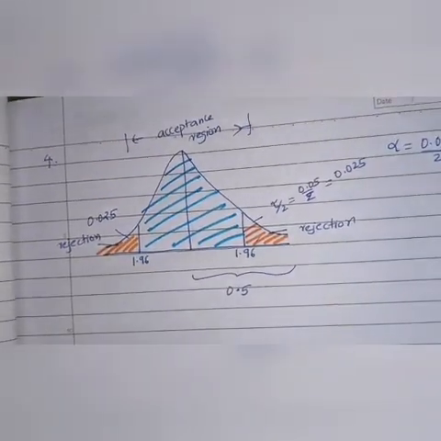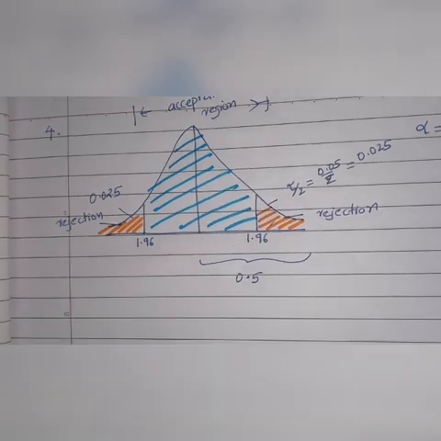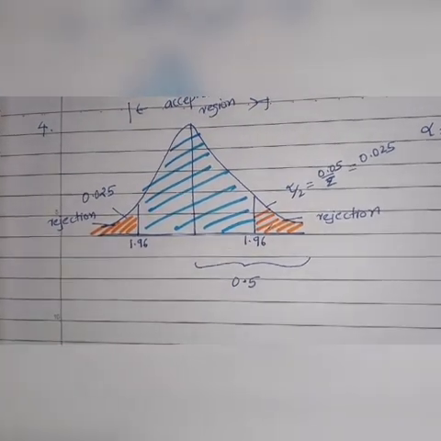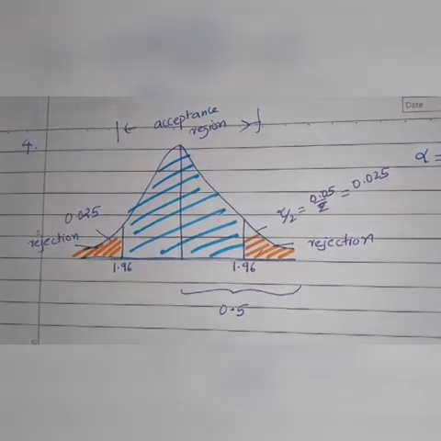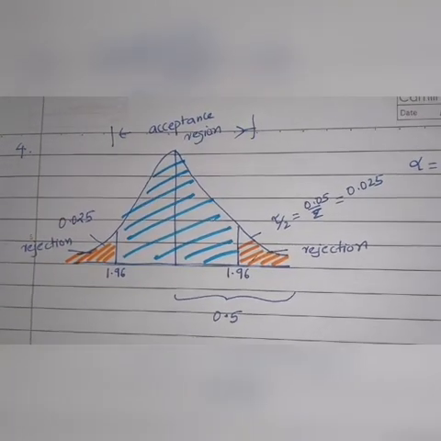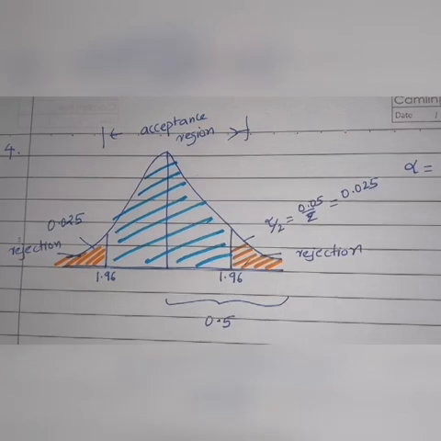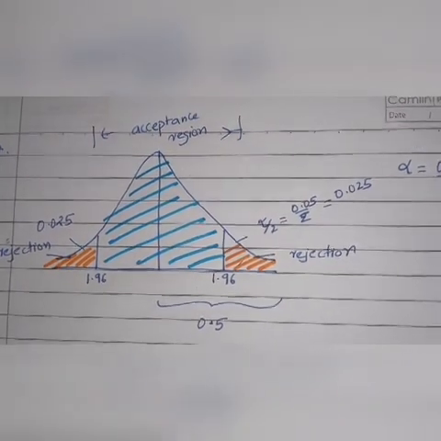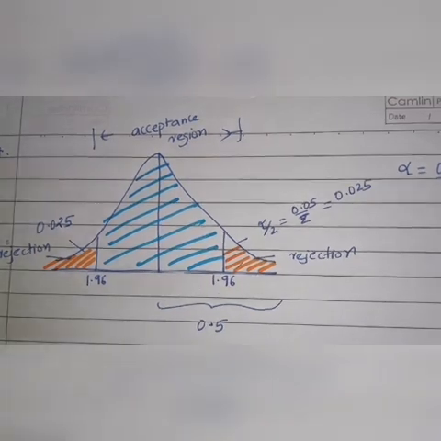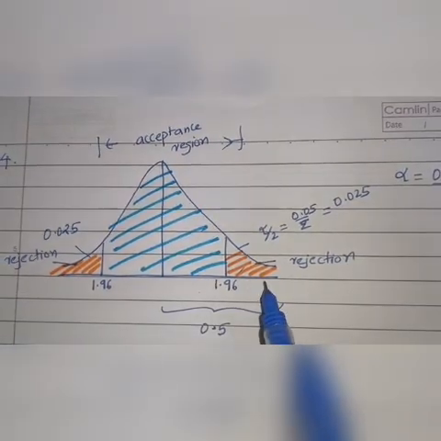Now 8.8225, where will it fall? It is obviously greater than 1.96, right? And it is a positive value, it is not a negative value. Because it is a positive value, it should fall towards the right hand side of the curve.